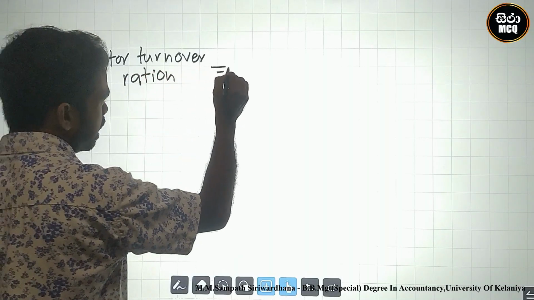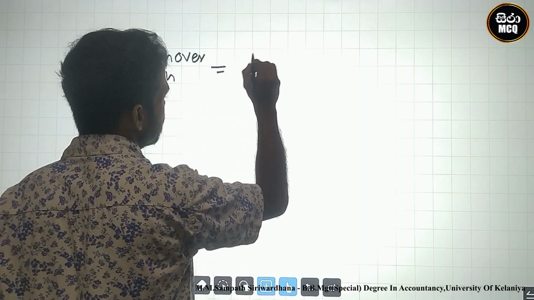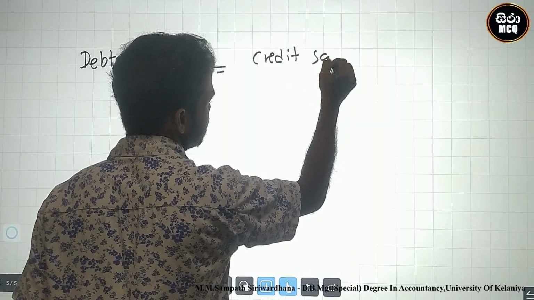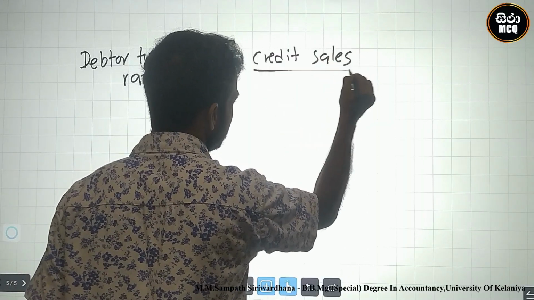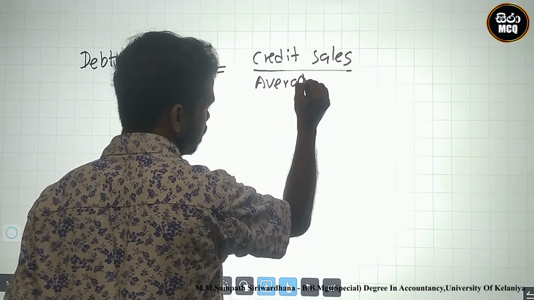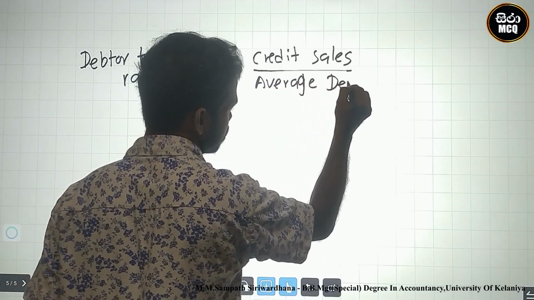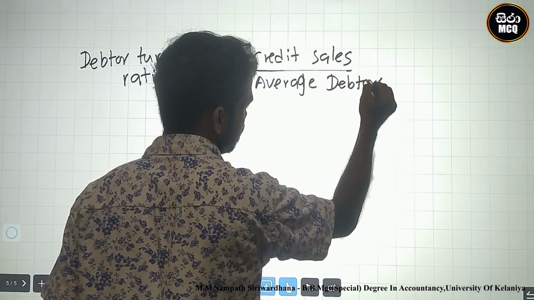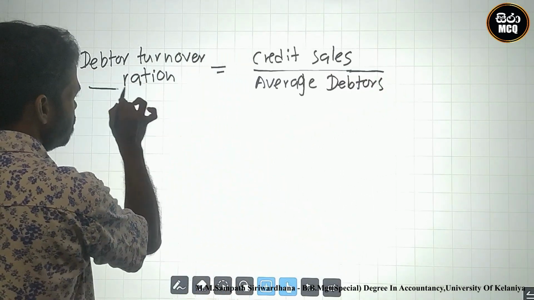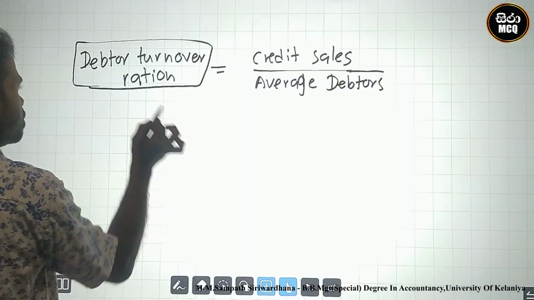How can we calculate the debtor turnover ratio? Credit sales divided by average debtors. This is the calculation method, no? What is the meaning of the debtor turnover ratio?